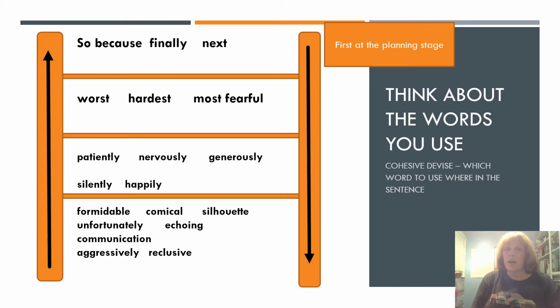So the first part, right at the planning stage, is where you need to think about your vocabulary. And when you write your plan, it's important to have a handful of words that you actually want to add in that you've thought about previously and you know what they mean and you know how you can use them. Vocabulary, very important.